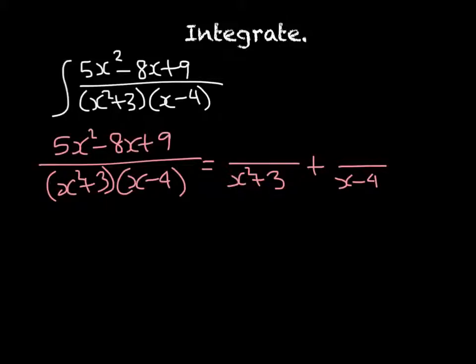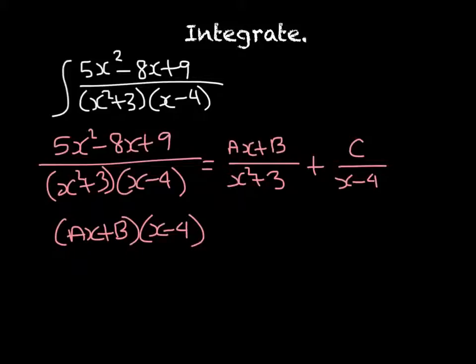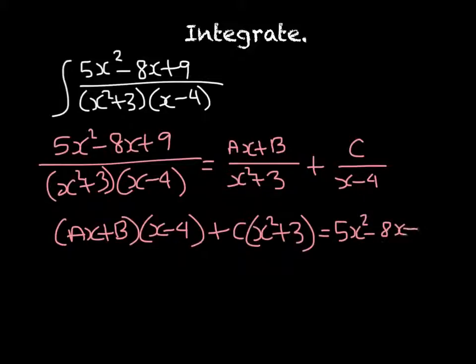But now instead of just writing an a like we usually would, we're going to have to write an ax plus b, because we have a quadratic in the denominator, and then this will just be c. So we have ax plus b times x minus 4 plus c times x squared plus 3 equals 5x squared minus 8x plus 9.